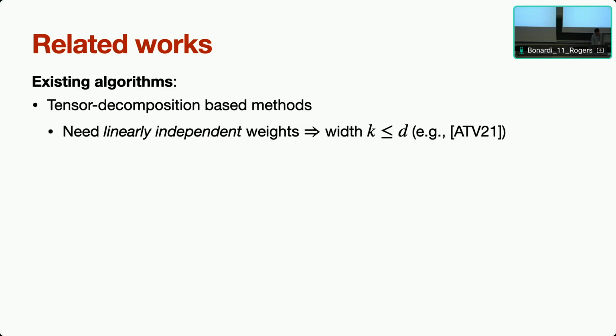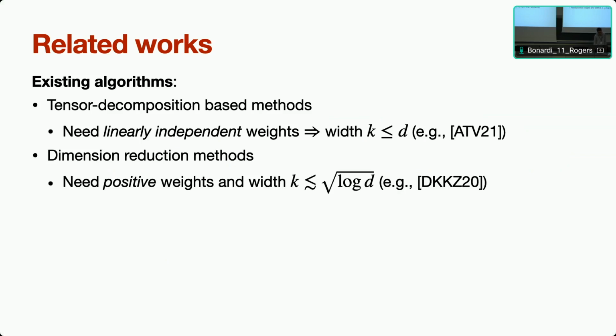But the issue with that is it needs the weights to be linearly independent, so they cannot learn a too wide neural network: your width cannot be larger than the input dimension d. The second is based on dimension reduction, and you only need your weights to be positive. But now your width is even narrower, like square root of log d.